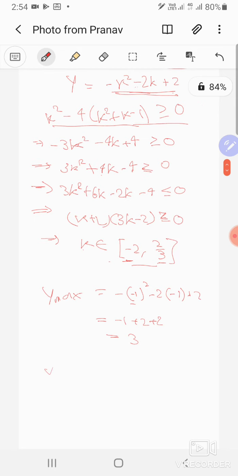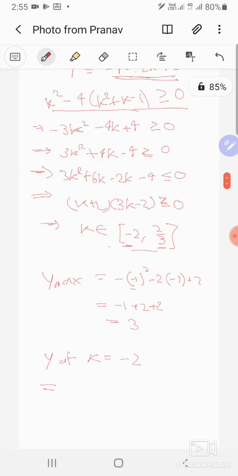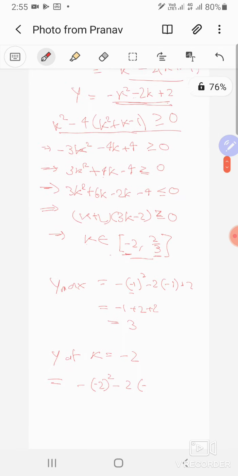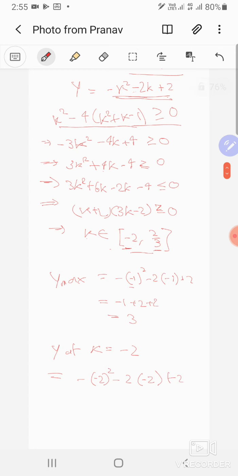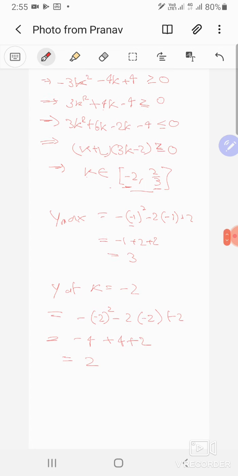So y at k equals minus 2 is minus of (minus 2) squared minus 2 into minus 2 plus 2, which is minus 4 plus 4 plus 2, which is 2. Okay, no problem.